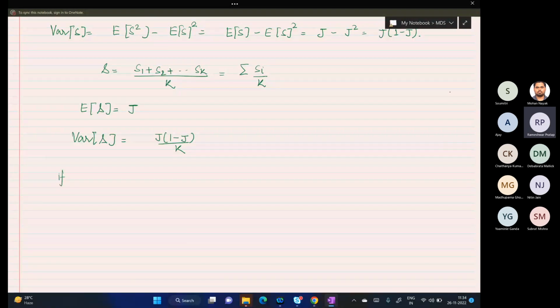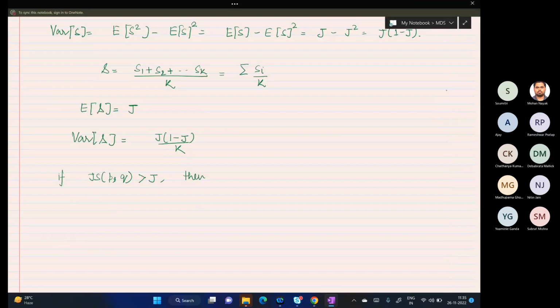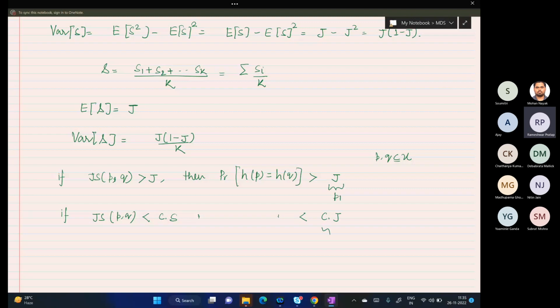So again, if the Jaccard similarity between two data points P and Q is more than S, then maybe I should take J. Then the probability that h(P) is equal to h(Q), where P and Q are subsets of the universe, we can take this as P1 and this we can take as P2.